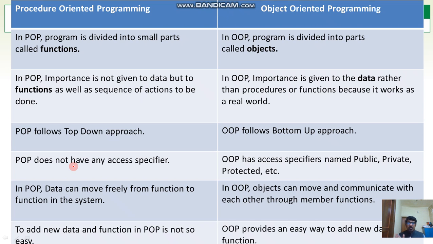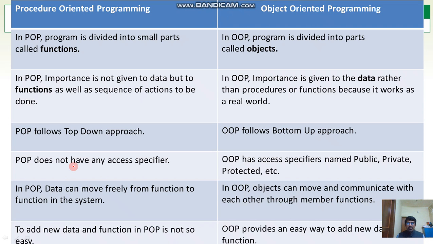But in OOP, the data movement is restricted. In object-oriented programs, the objects are going to communicate with each other. So how are they going to communicate? They are going to communicate with the help of member functions.